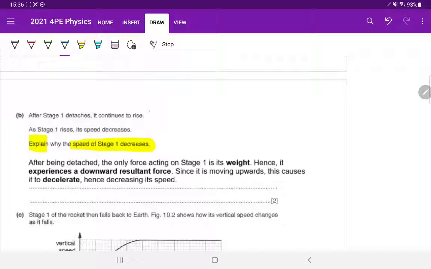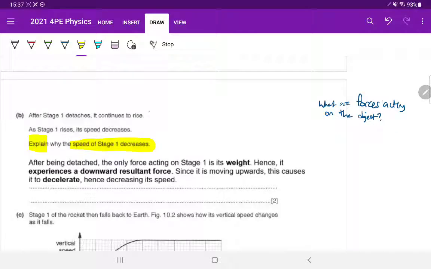So the first thing you need to ask yourself is what are the forces acting on the object?